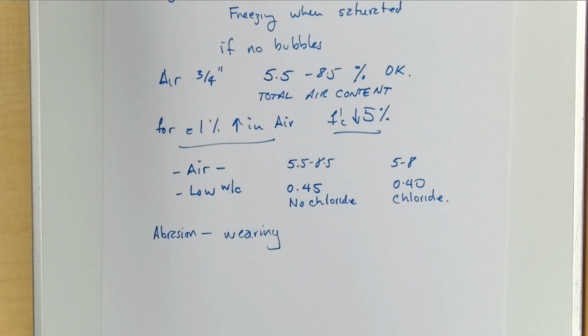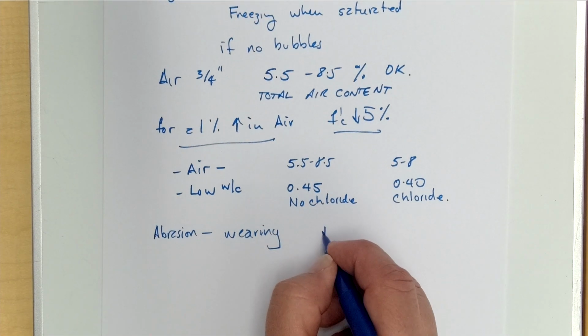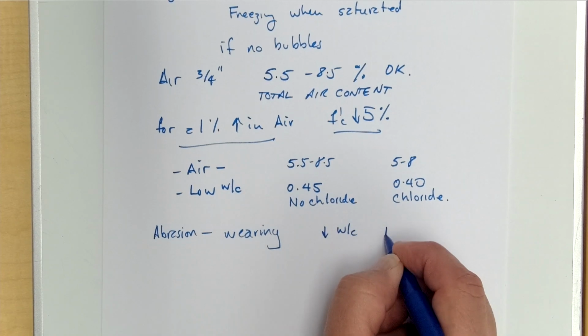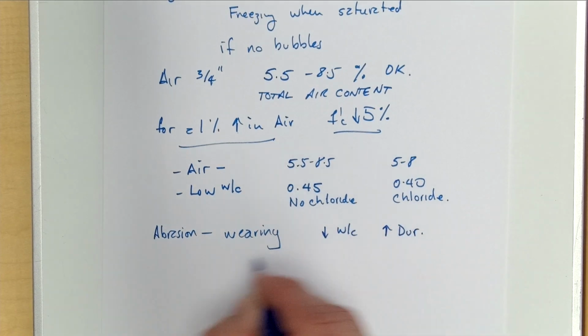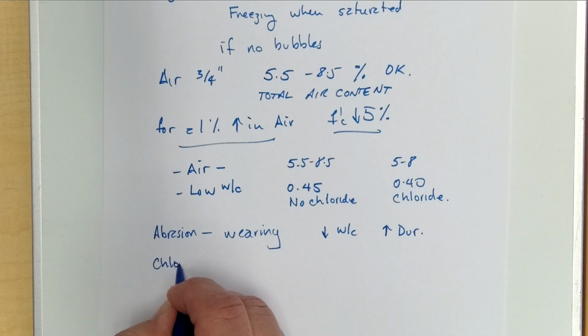The lower the water to cement ratio, the higher your durability. We can have exposure to de-icing salts or seawater. Okay? We decrease our water to cement ratio, increase our durability. We have chlorides.